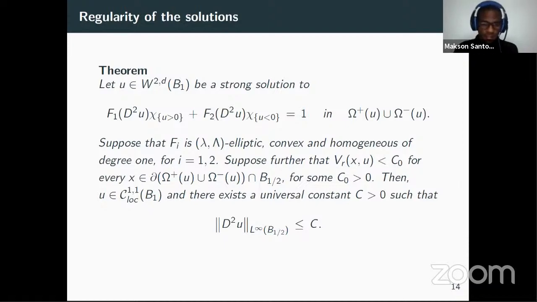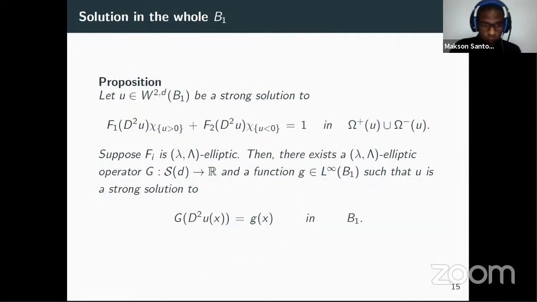And because of that, we could prove the quadratic growth and the regularity of the solutions. And now that we have this, we can do a little better. We can say indeed that U satisfies a uniform elliptic equation in the whole B1, with G in L infinity. That is better than two inequalities.